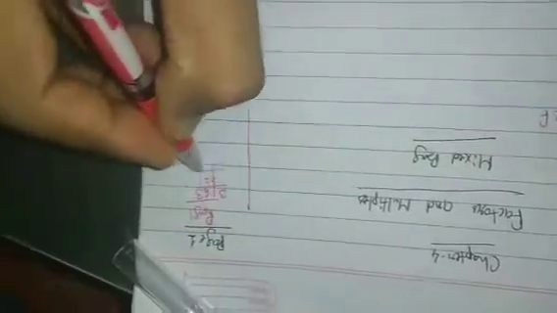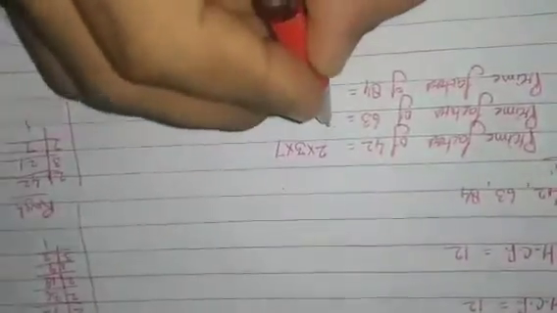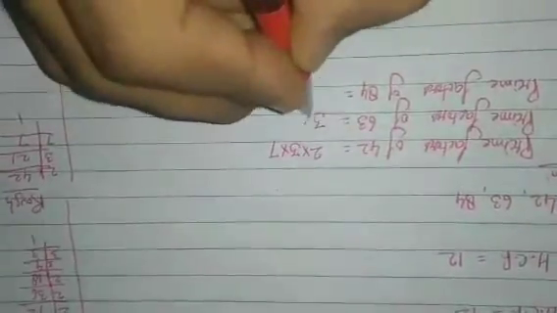I have some space here, so I will find the factors here also. In rough work, the number given is 63, so it will be divisible by 3. 3 twenty-ones are 63, 3 sevens are 21, then 7 ones are 7. So you can write it here: the prime factors of 63 are 3 into 3 into 7.